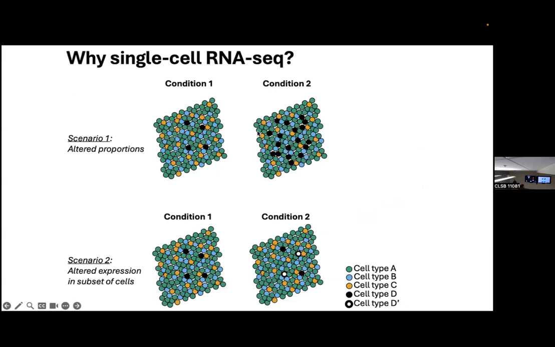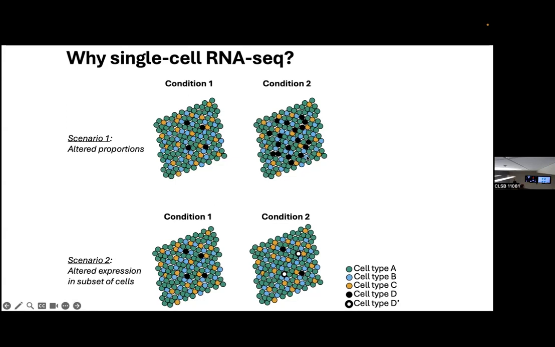Especially when we're comparing across conditions, I just labeled them as condition 1 and condition 2. They could be wild type and mutant, tumor and normal, it could be all kinds of things. But when we do comparative analyses, we're often looking at things with a change in the tissue composition and the cellular proportions within that tissue sample.